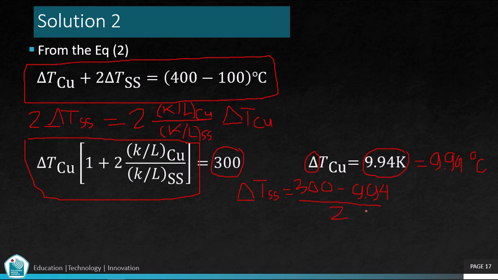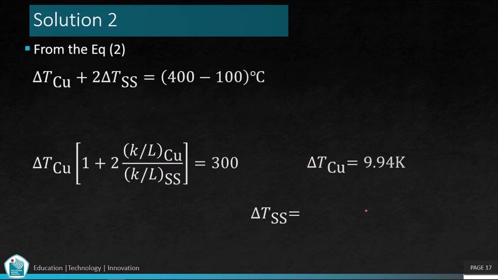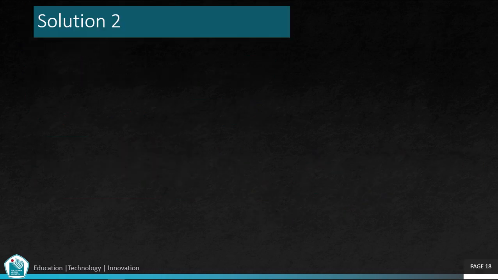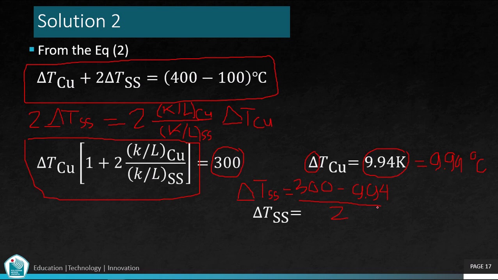Finally, if you calculate, the delta TSS will be equal to 145 Kelvin. Remember, whether it's Celsius or Kelvin doesn't matter, because this is a delta.